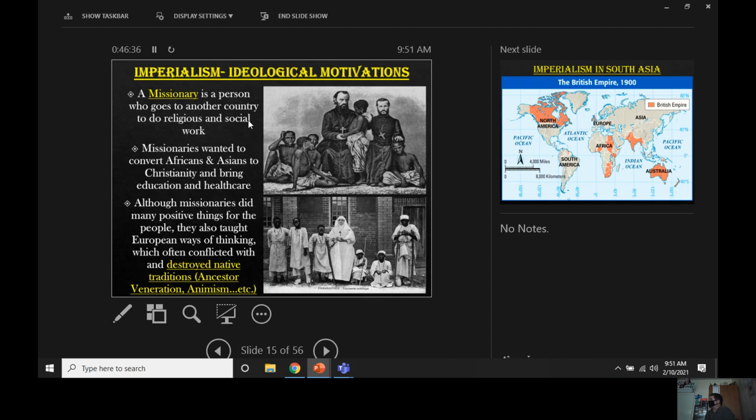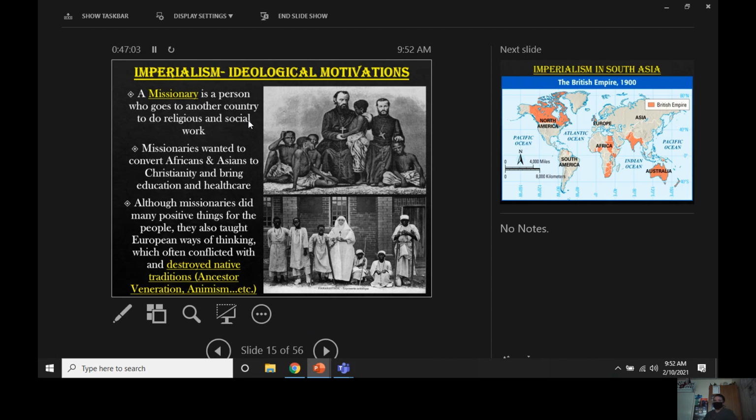Missionaries oftentimes accompany these colonizers. Missionary being just a person who goes to another country to do religious and social work. Missionaries wanted to convert Africans and Asians to Christianity. And they did a lot of really good things. They brought education, they brought better health care, they built hospitals and schools. So you can't say all this is negative, but the native people of these lands never asked for that.